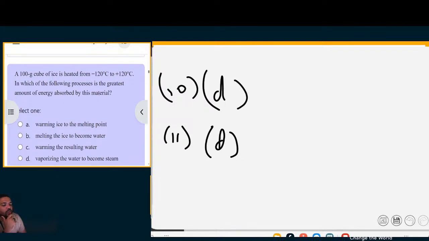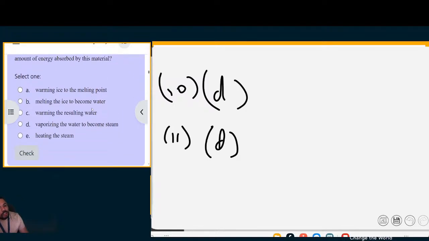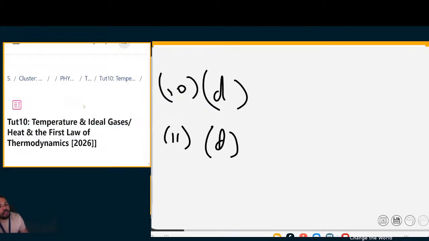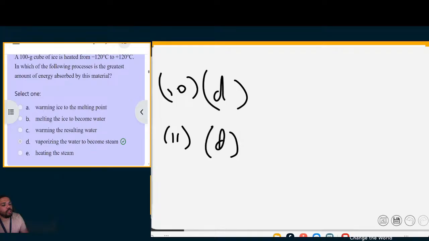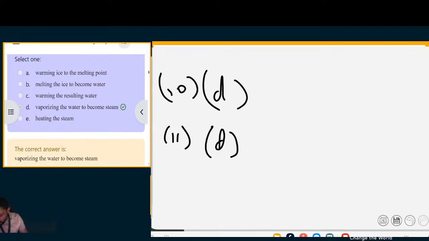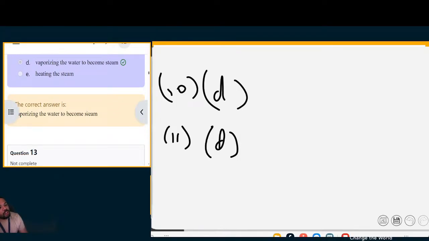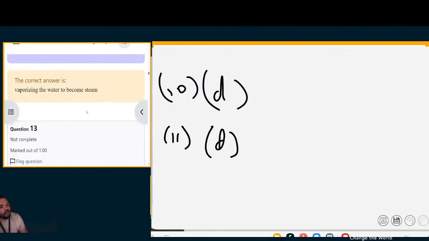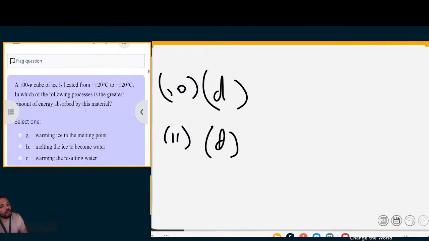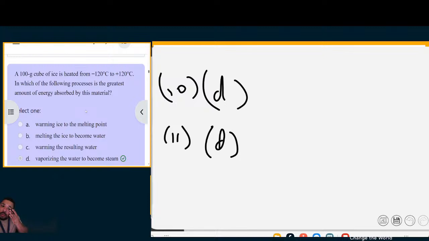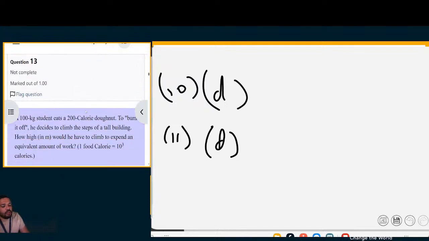When you're converting a piece of ice to steam, the process that takes the most amount of energy is vaporizing water to become steam. It's a huge amount of energy. You can actually do the calculations, but we just know that it is that one. It is in your book. You can actually calculate it from specific heat and latent heats.